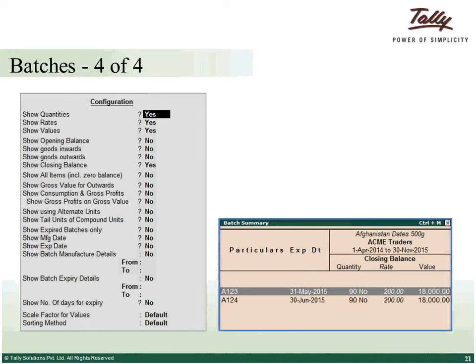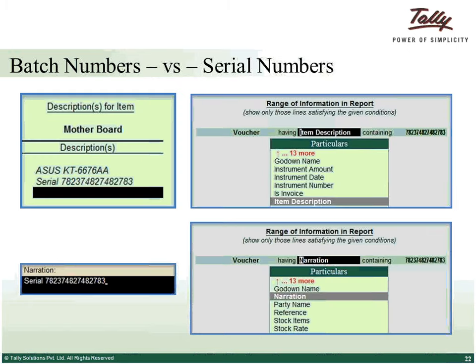Now, let us move to batch numbers versus serial numbers. We would like to call out one caution on the use of batches. Say you are selling cell phones or computer parts, etc. It might be tempting to use the batch number to store the product serial number, as this way you can easily track the purchase and sale from the batch report, as Gateway, Display, Inventory Books, and Batch.